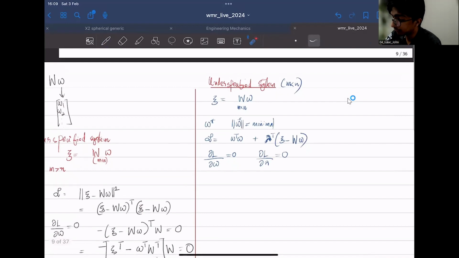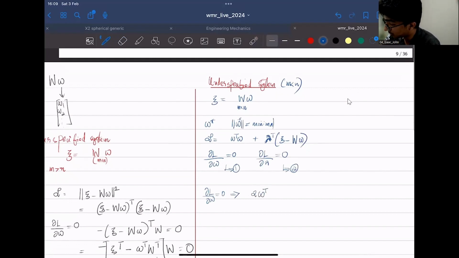Considering the first equation, I'll label this as equation 1 and equation 2. Dou L by dou omega equals 0 would look like 2 omega transpose minus lambda times W equals 0. I'll label this as equation 3.